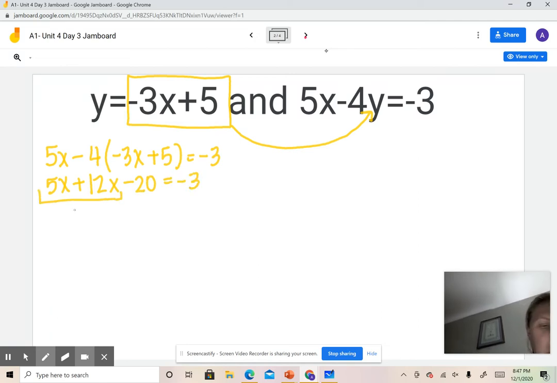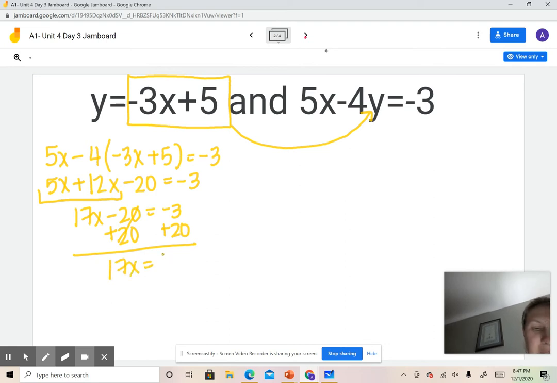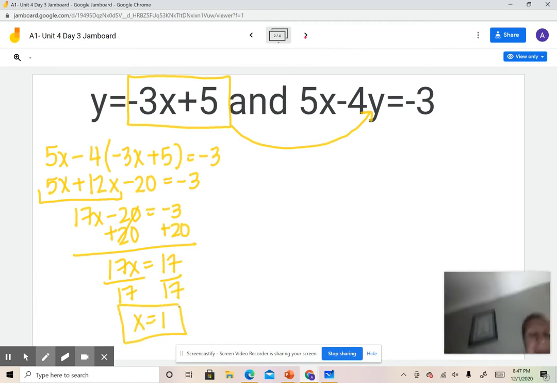Combine like terms. So 17x minus 20 equals negative 3. You're going to solve for x in this case. So 17x equals 17. Divide by 17 on both sides, or just solving equations. So x equals 1.